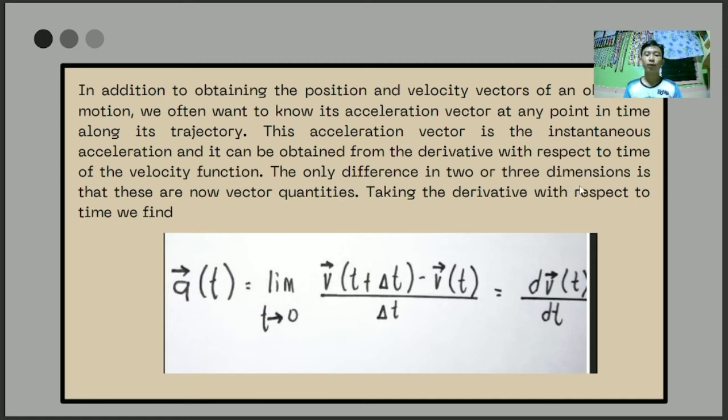Taking the derivative with respect to time, we find the acceleration vector a of t is equal to the limit of v of t plus the change in time minus v of t, over the change in time, as the change in time approaches 0, which is equal to dv of t over dt.